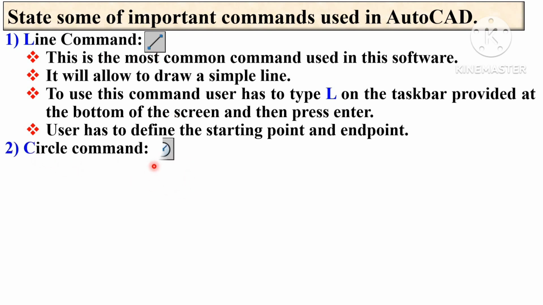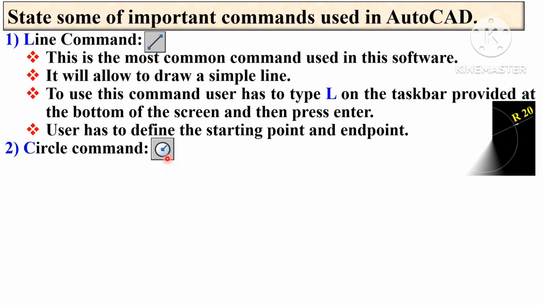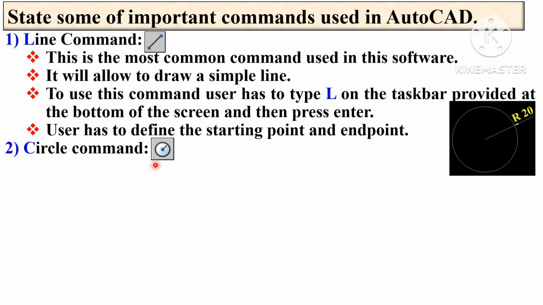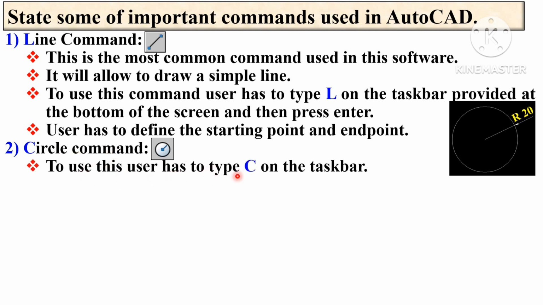Second one, the circle command, and this is the symbol for the circle command. If you want to draw a circle having radius 20, at that time you can use the circle command in AutoCAD. To use the circle command, the user has to type C on the taskbar.